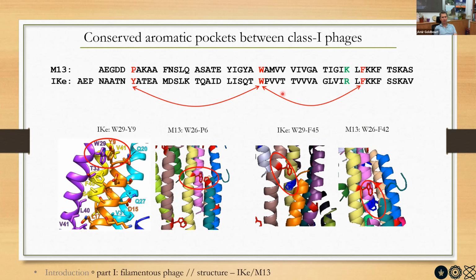So again, you see the same type of interactions and the same type of binding in both viruses. Although they have sequence similarity, they also have many differences in the sequence, including the length, which is different by 3 amino acids.